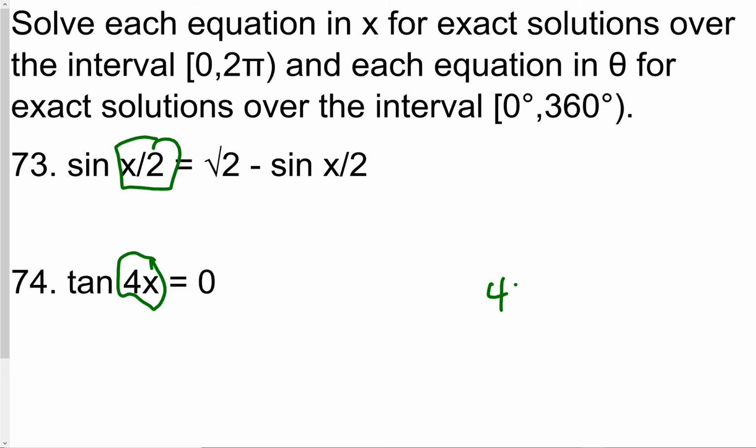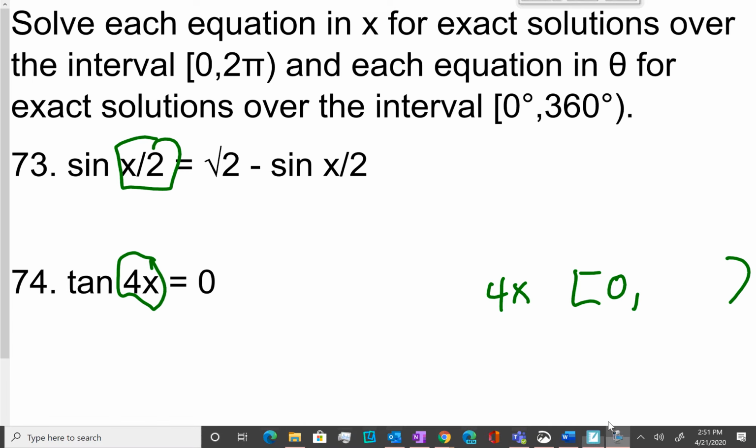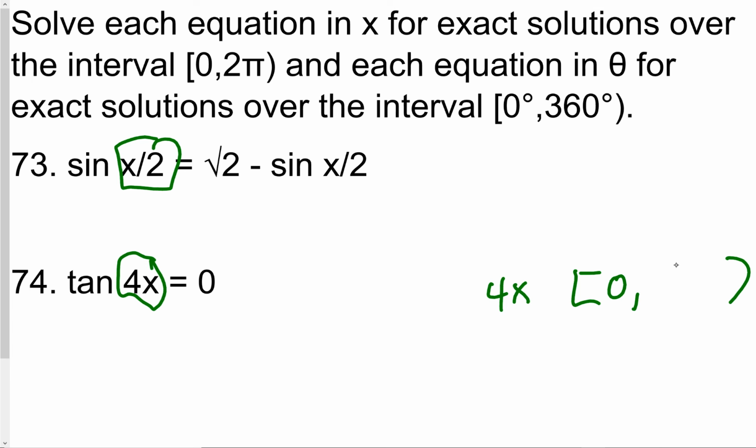So that's still going to be 4x, and my range is going to be from 0 to 1440. Advantage of having a calculator. All right, so that's where my range is going to be in between.